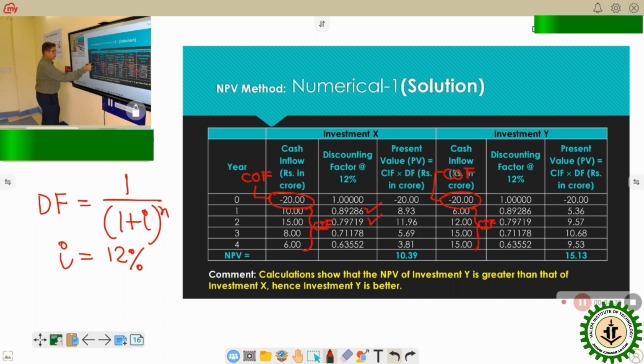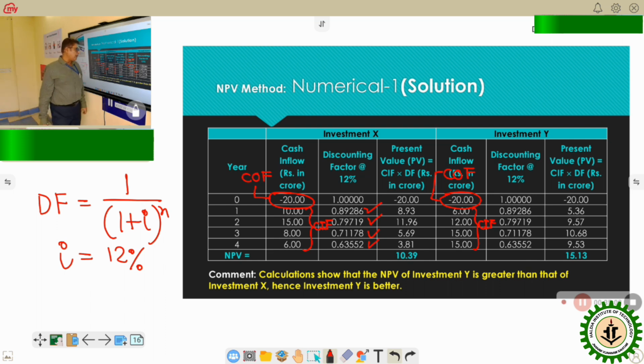That means whenever we are calculating for the 0th year, first year, second year, third year and so on, we have to change the value of n, but the value of 1 plus i is constant. So we are getting this value as discounting factor and we are getting the present value of cash inflow by multiplying the cash inflow with its respective discounting factor.